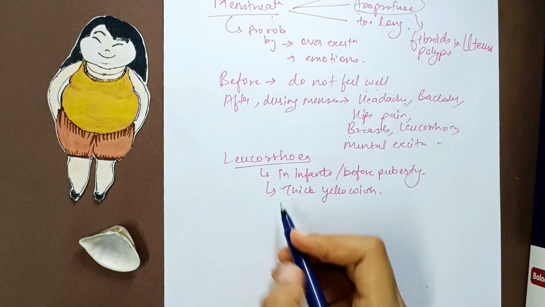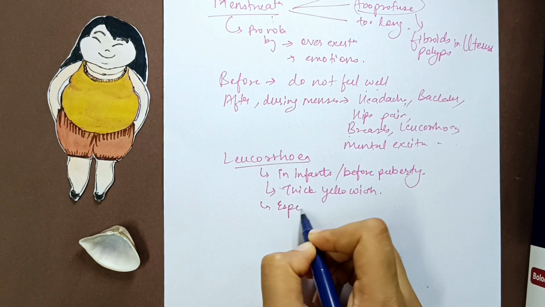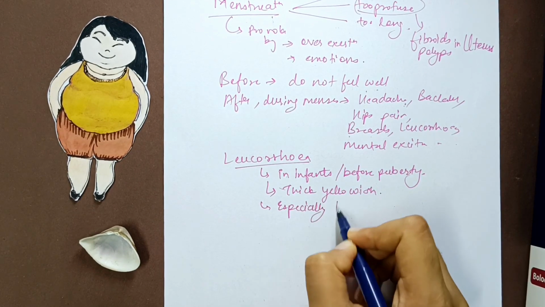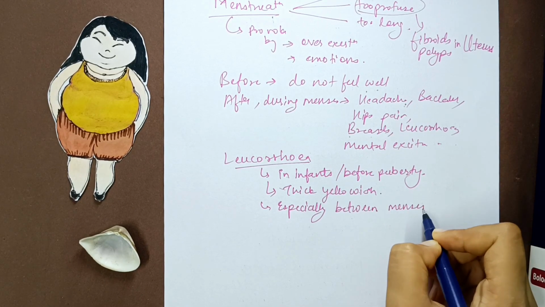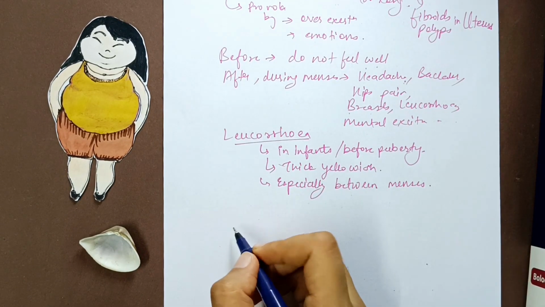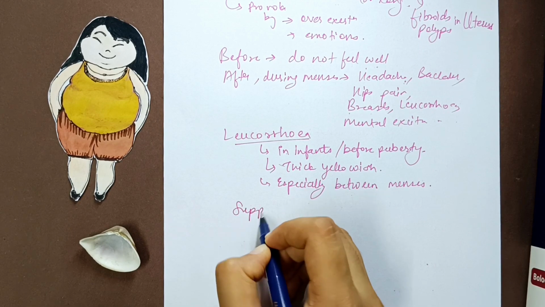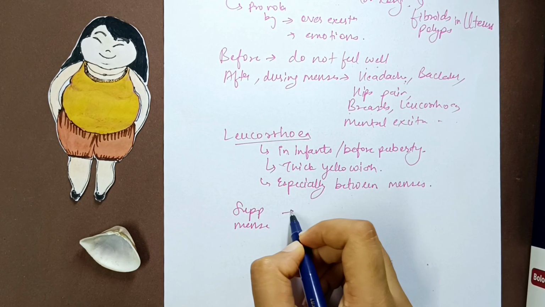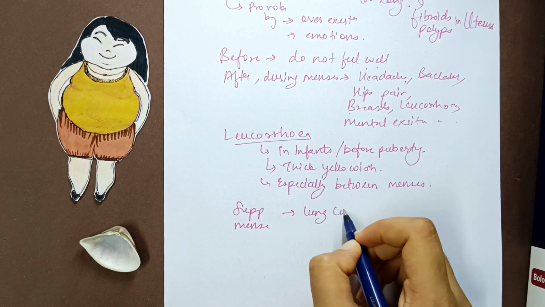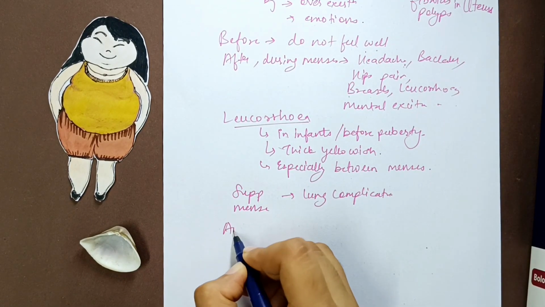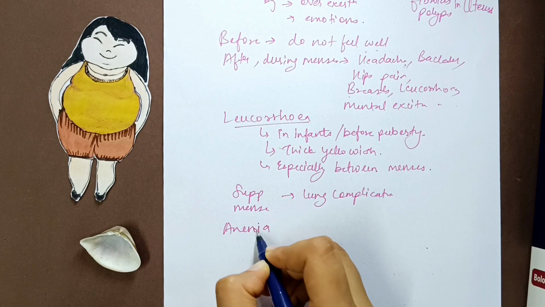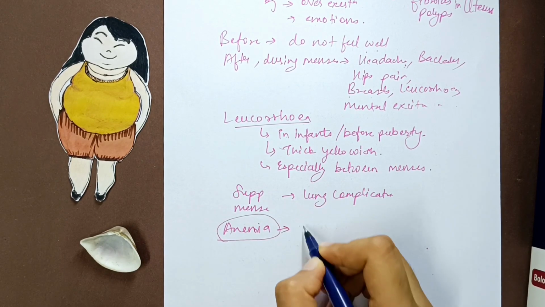Yeah, and it is especially seen between menses. Then suppression of menses will lead to lung complications, lung related issues, right? Anemia, we talked about. The last point of this video was anemia. So anemia is seen especially in young girls.